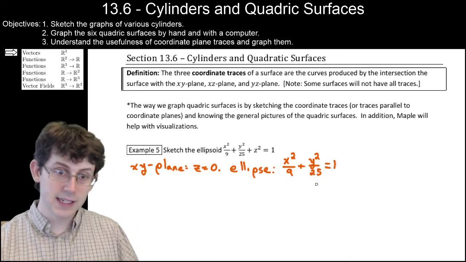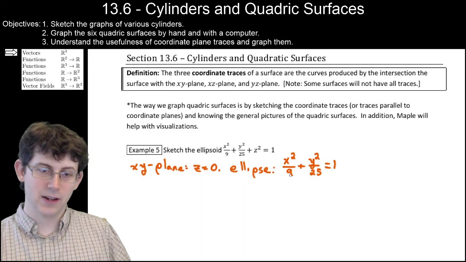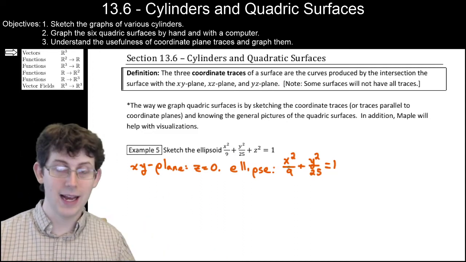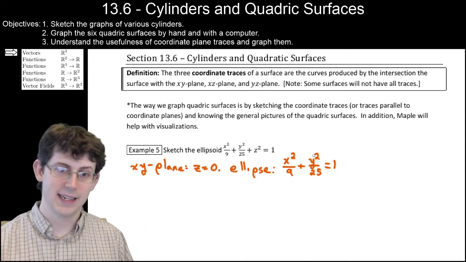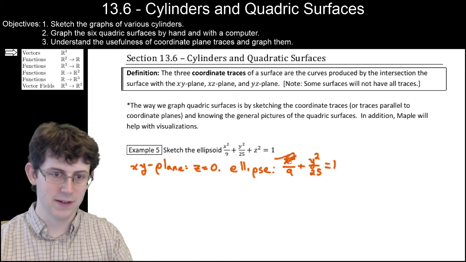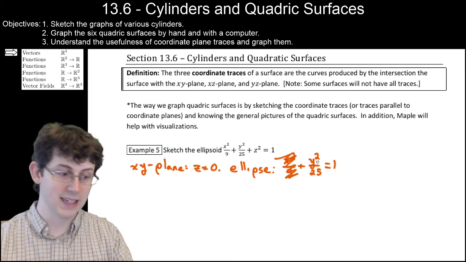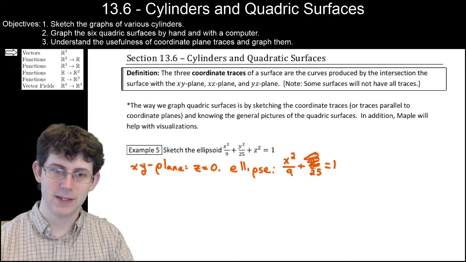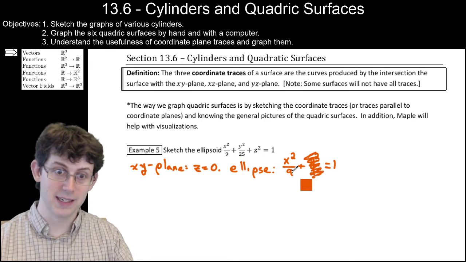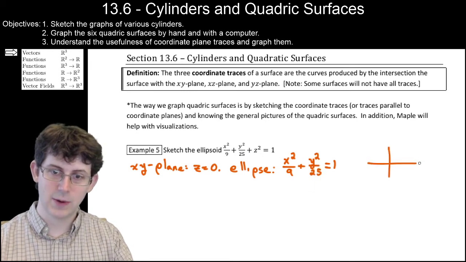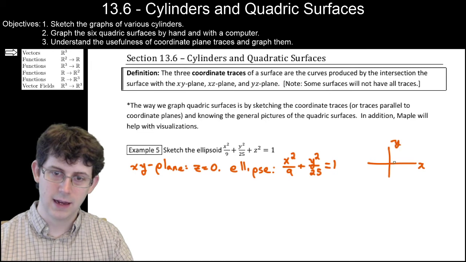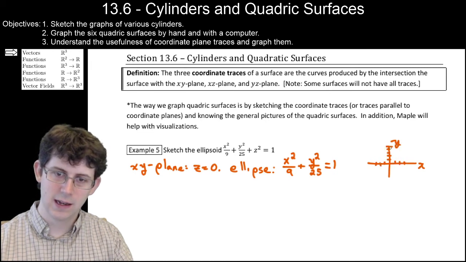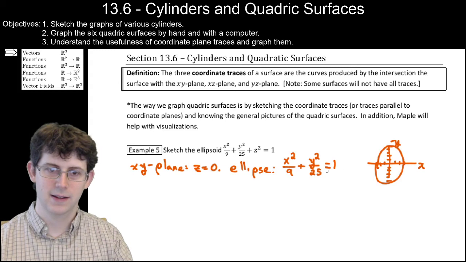For this ellipse, I know that x goes from -3 to 3, and y goes from -5 to 5. And I can see that by just imagining, what if x was 0? Then y would be -5 or 5. What if y was 0? Then x would be 3 or -3. So in the xy plane, I go out to 3 and -3, and I go up to 5 and -5, and I get like an ellipse that's taller than it is wide.